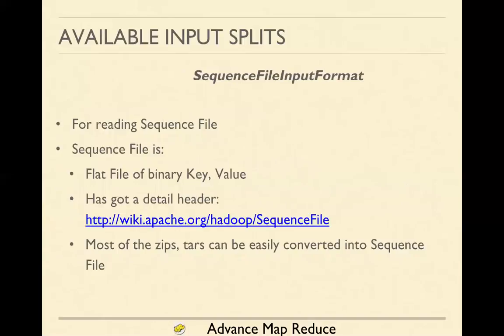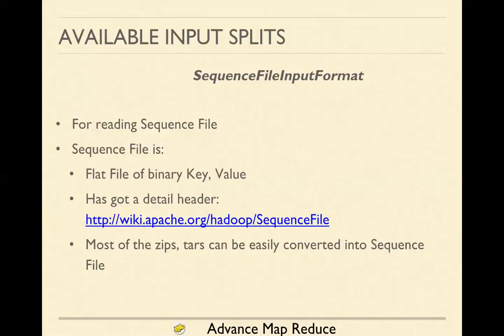Now, this is something interesting. People realized that if our raw data is in a certain nice format, it's easier to handle it. The other need was in the case of smaller files, let's say image files, where every file is hardly 10 KB, 20 KB, 30 KB, and so on.